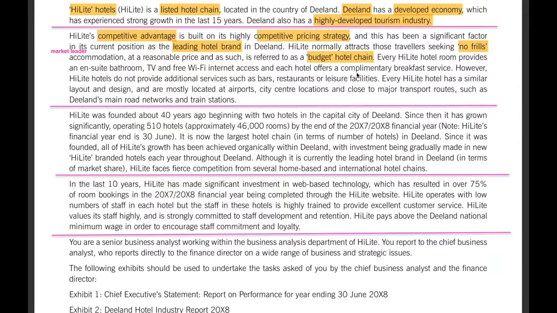Once you know it's a budget hotel chain, try to relate it to budget hotel chains that you know, like Ibis. In our place here we have Tune Hotel. Those are the no frills accommodation style of hotel.